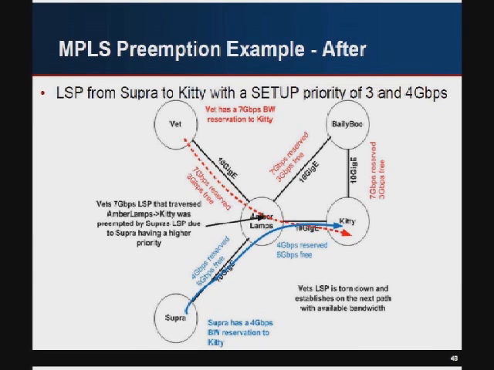And what's going to happen here is you're not going to be able to fit, this is 11 gigs of bandwidth that you're trying to fit down a 10 gig pipe. So what's going to happen is the first LSP is going to get preempted because the LSP from the vet to the kitty is of a lower priority than from super to kitty. And so this LSP is going to end up getting rerouted through Bailey Boo.